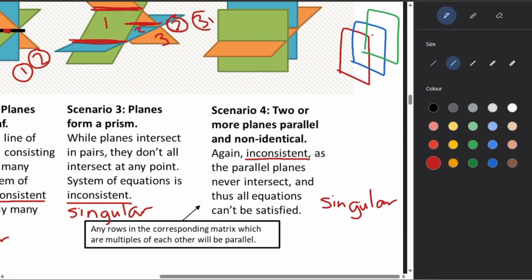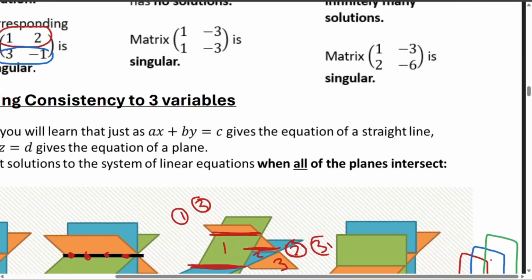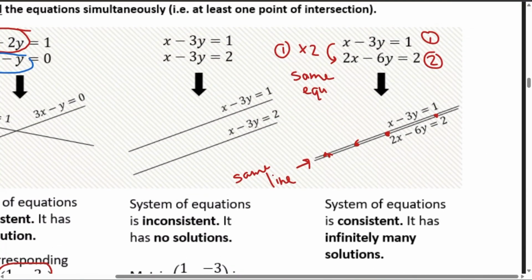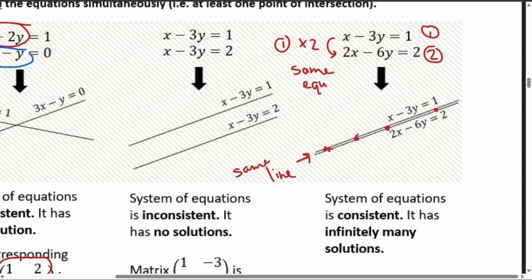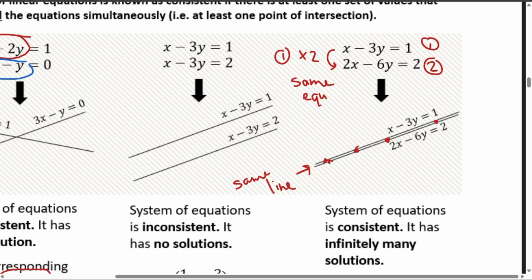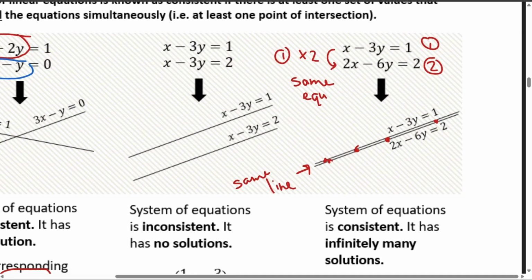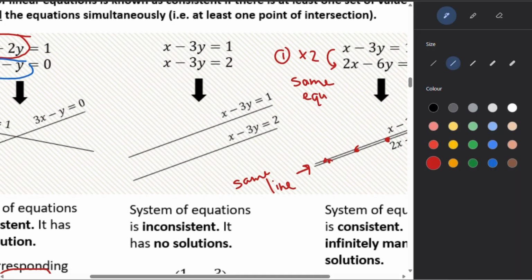And it says any rows in the corresponding matrix that are multiples of each other will be parallel. So it's the same idea as this here, where, even though these ones are parallel, let me show you what I mean.